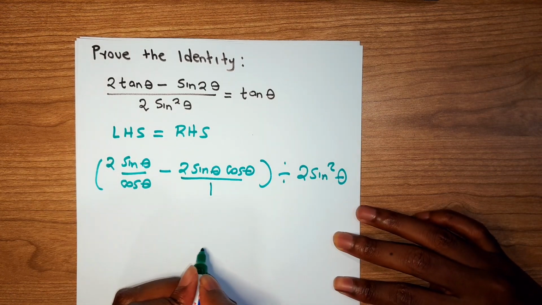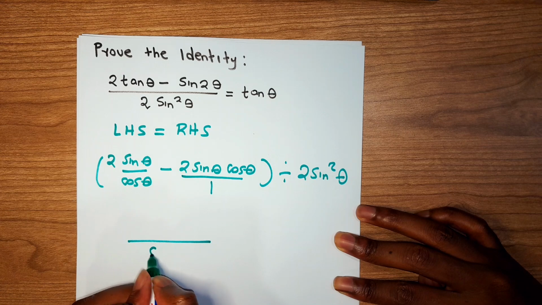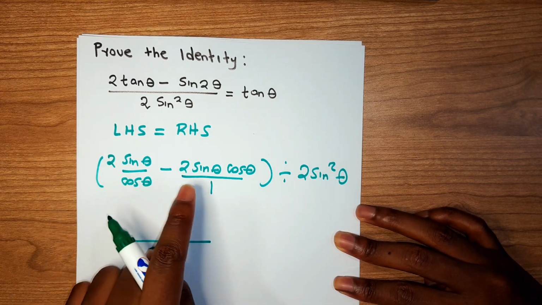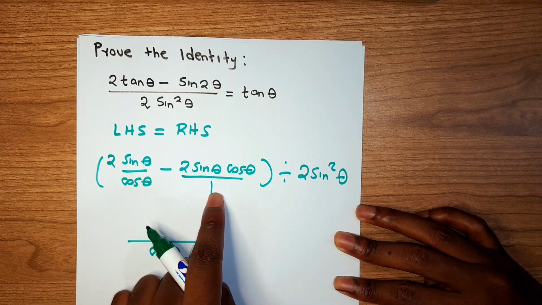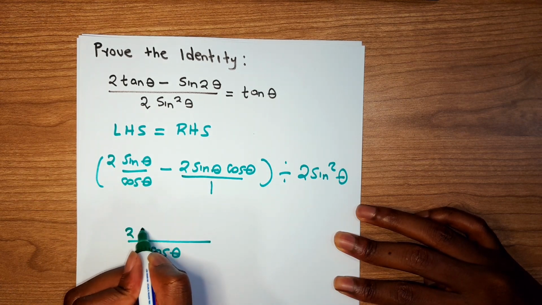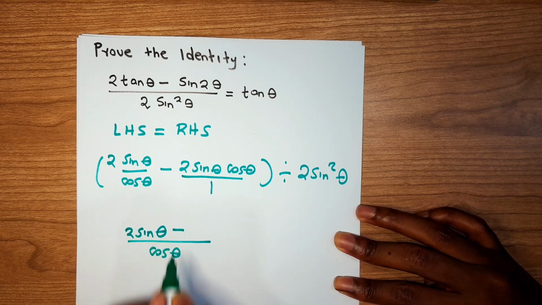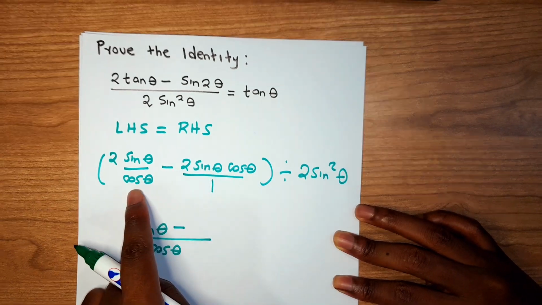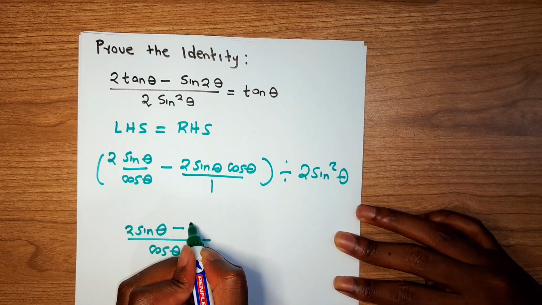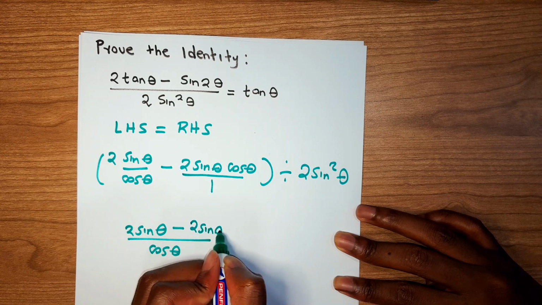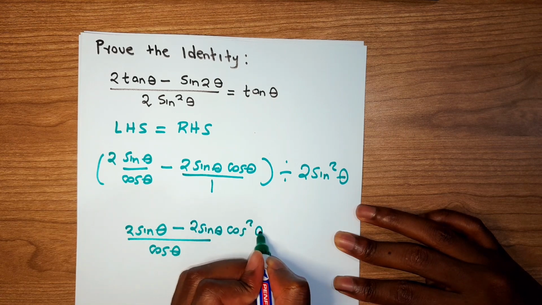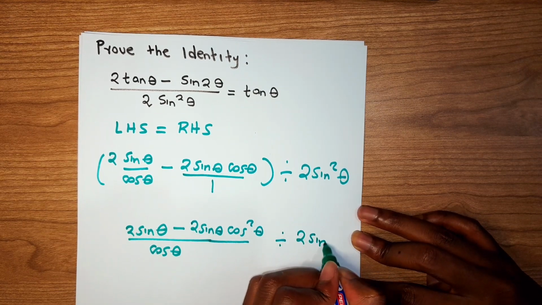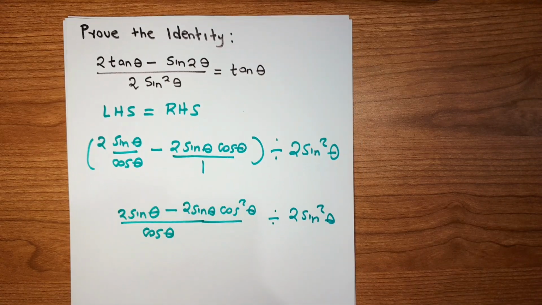Because here you have cos of theta, you multiply this by 1, and it is just going to be 2 sine of theta, minus, because here you have 1, you multiply this by cos of theta, and you have 2 sine theta cos squared of theta. And this is just divided by 2 sine squared of theta, right?